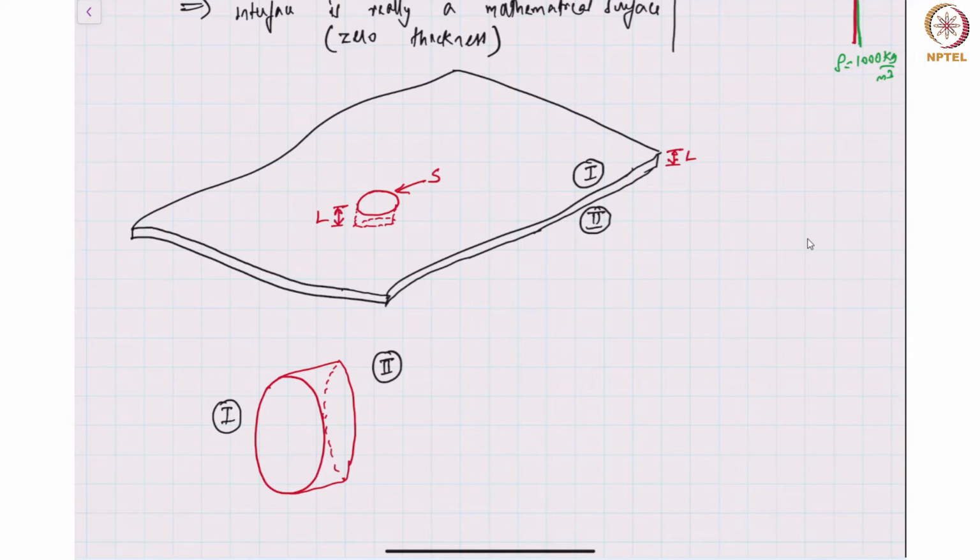For example, the normal vector in region 1, let's call it n hat with a subscript 1. Similarly, there is a normal vector on the other side, which is n2. And since the thickness of the interface is really small, you can essentially say that n1 is minus n2, or n2 is minus n1. And let's not forget that the length of the cylinder is L.